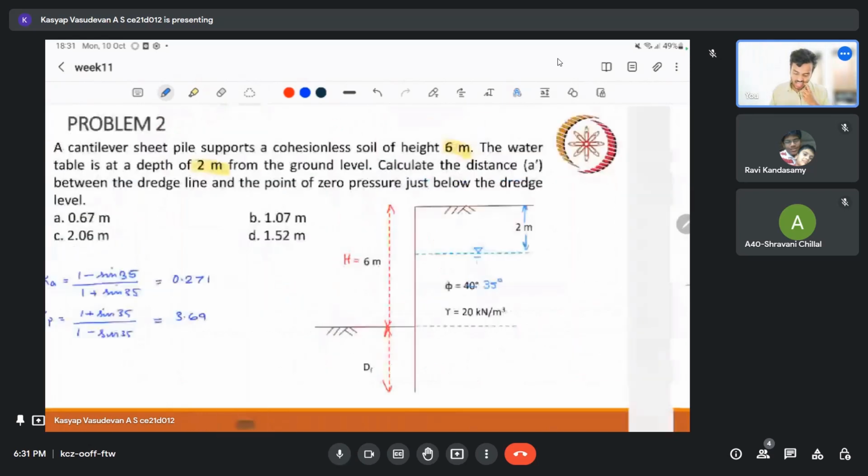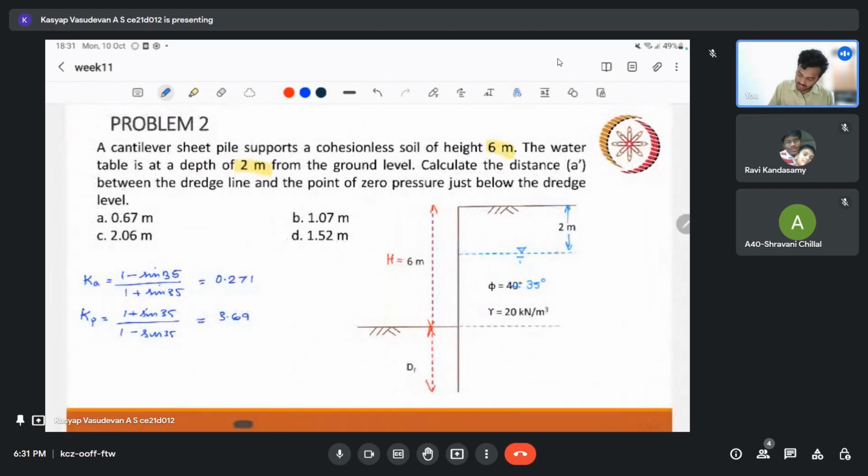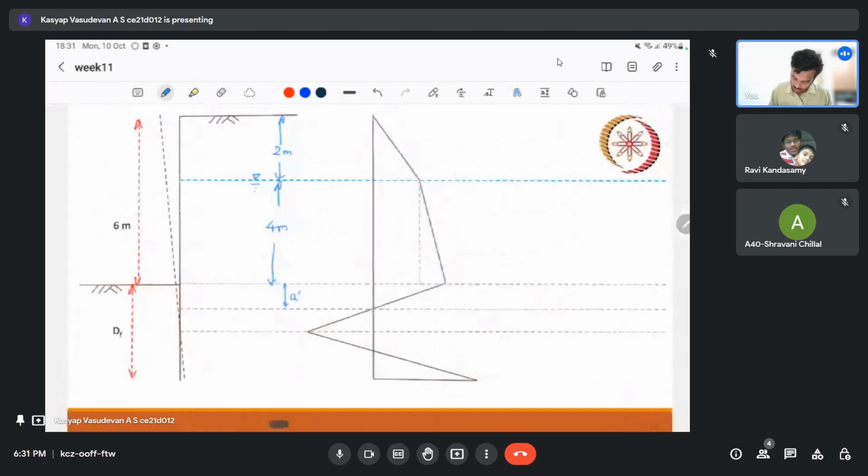A dash is the distance between the dredge line and the point of zero pressure. So this is the dredge line and this is the line of zero pressure. So this is our A dash. We are supposed to find A dash.